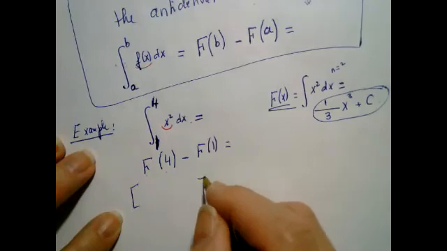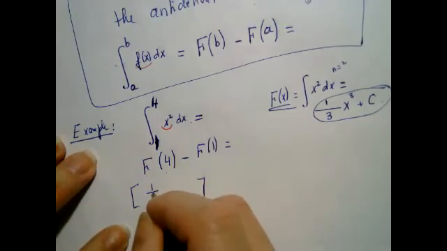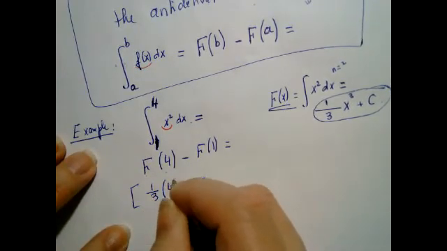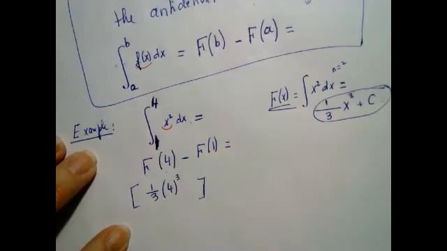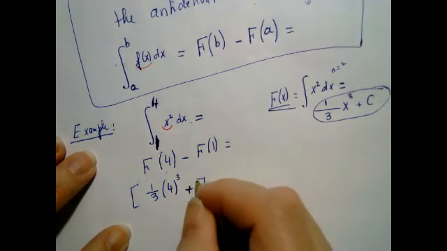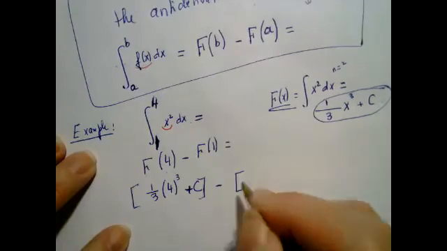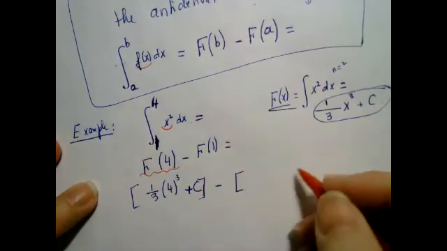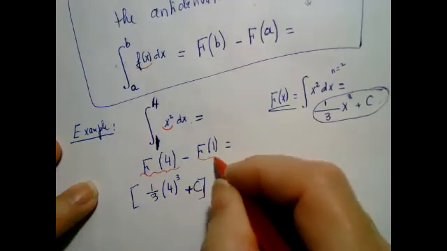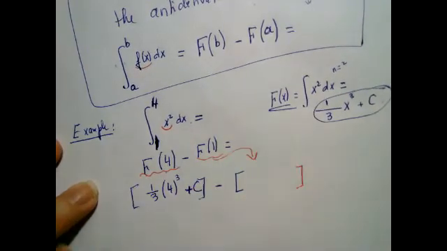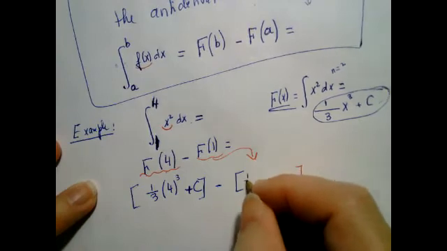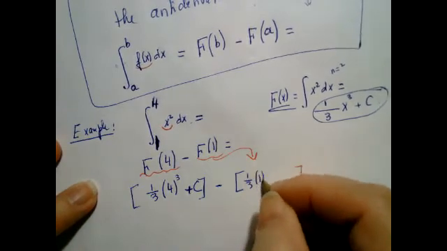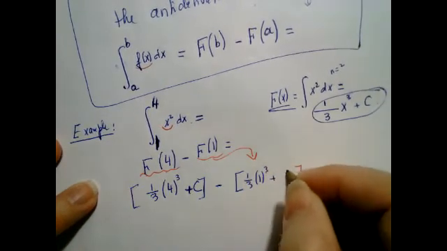So it's going to be equal to 1/3 4 to the power 3 plus the constant c, minus. So that's the value at the upper limit minus the value at the lower limit. It means 1/3 1 to the power 3 plus c.